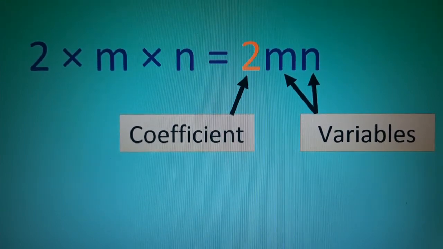As you know, this term consists of two parts. 2 is the number in front of variable. So 2 is called coefficient. The special thing is this term consists of two variables, m and n. It means a term can have only one coefficient, but a term may have any number of variables.